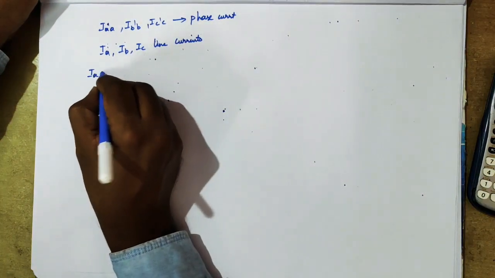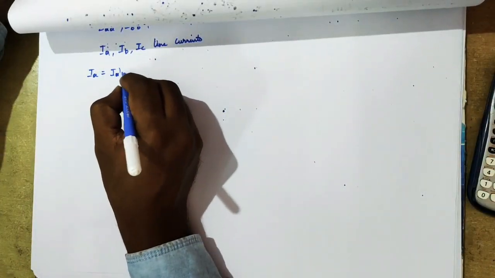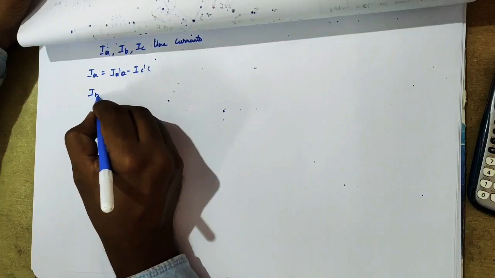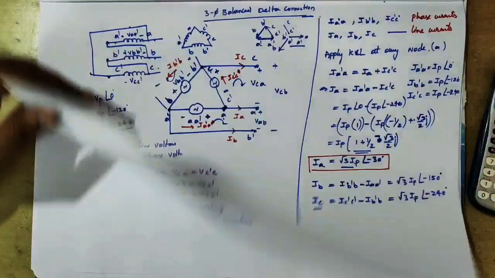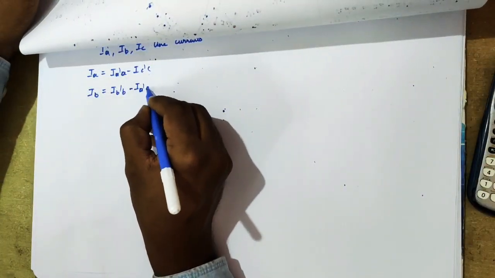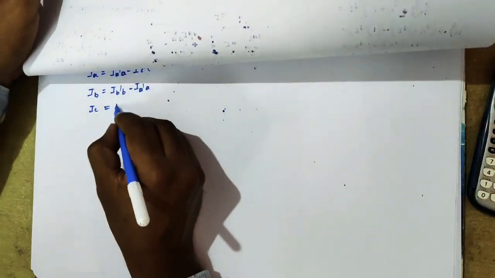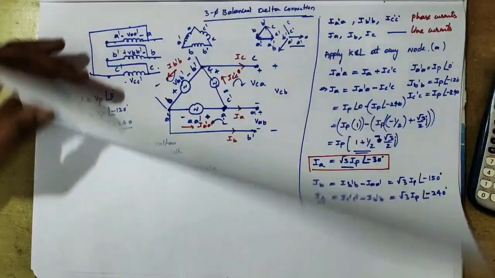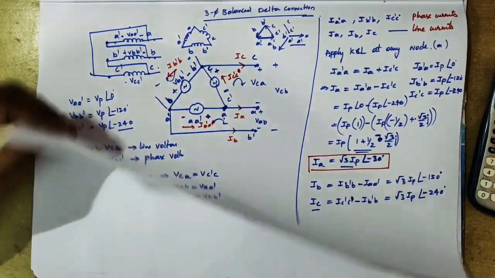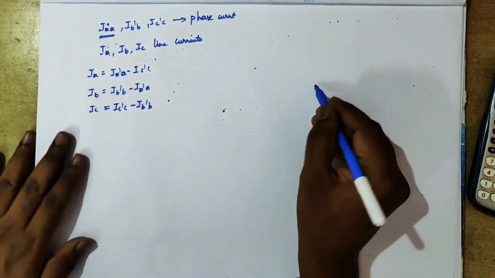So the line current I A equals what? I A dash A minus I C dash C, the line current I B equals I B dash B minus I A dash A, and I C equals I C dash C minus I B dash B. Okay, so I'm taking A dash A as a reference.